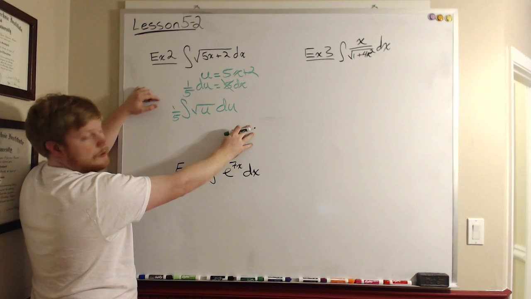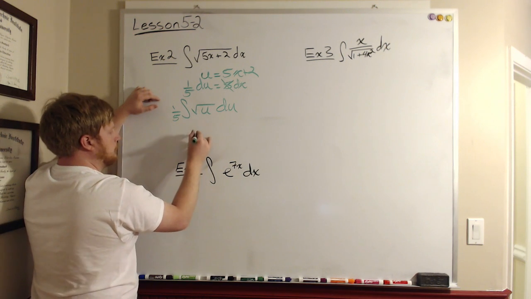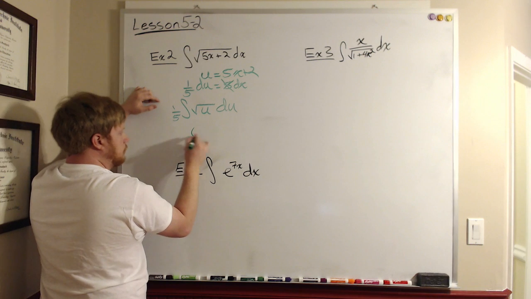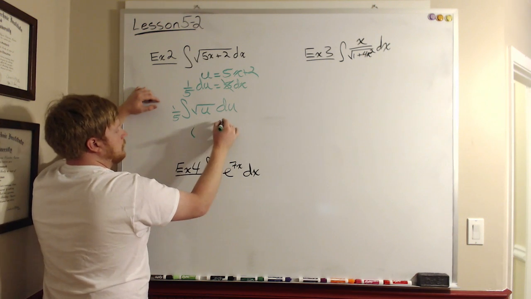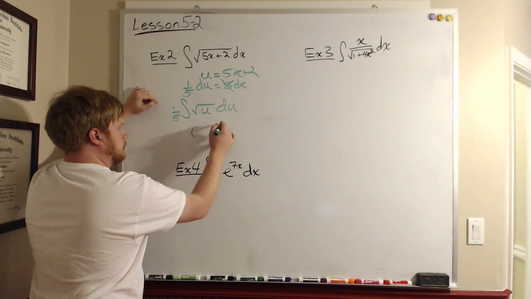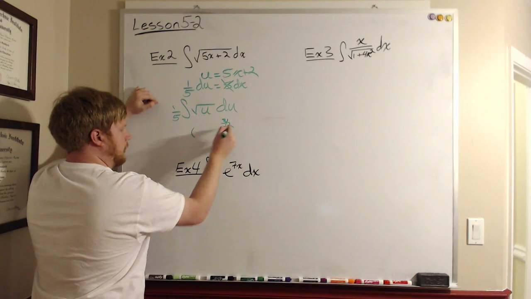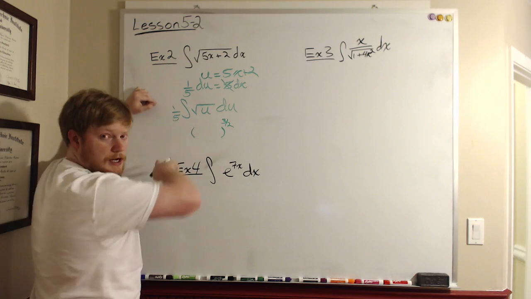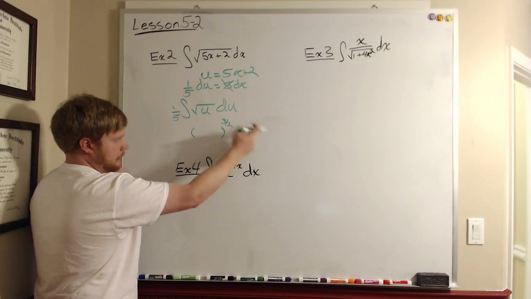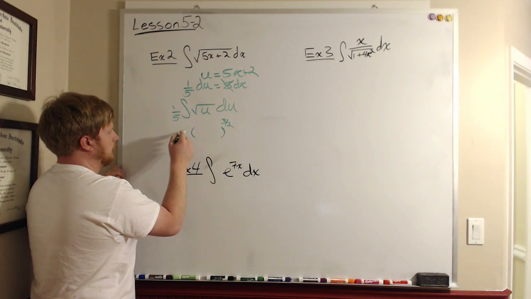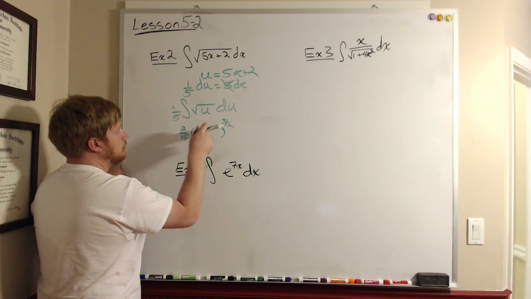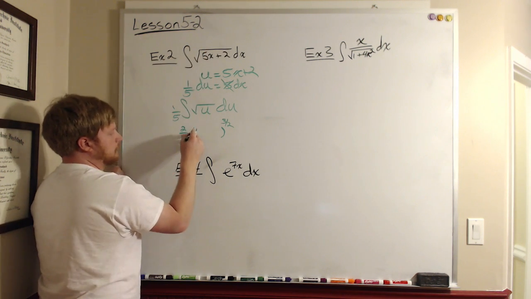And the integral of the square root of u is u to the 1/2 plus 1, which is 3/2, times the reciprocal, or divided by the fraction, is 2/15, and u was 5x plus 2.